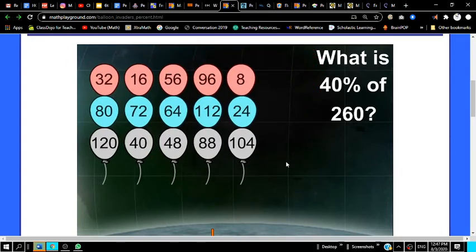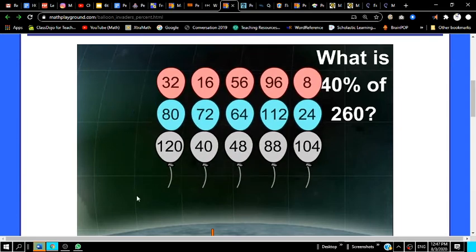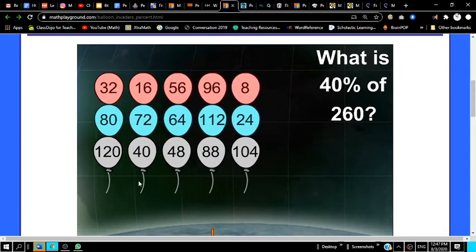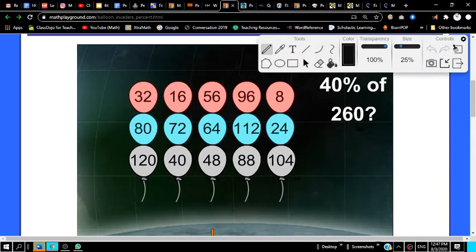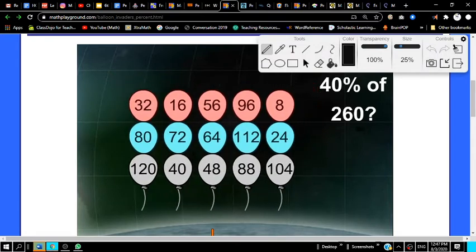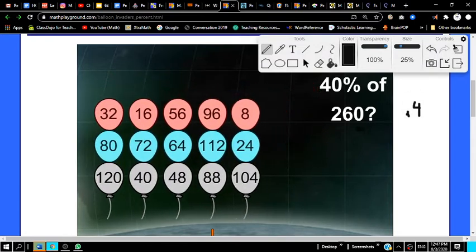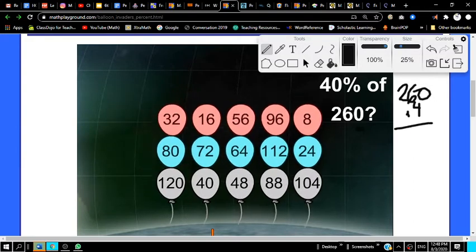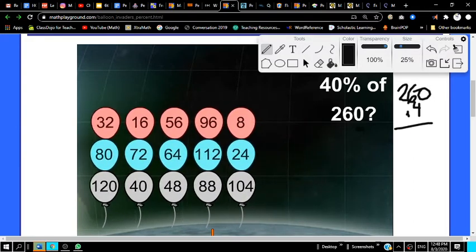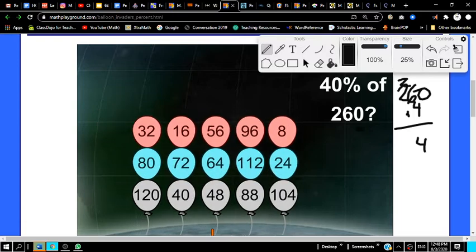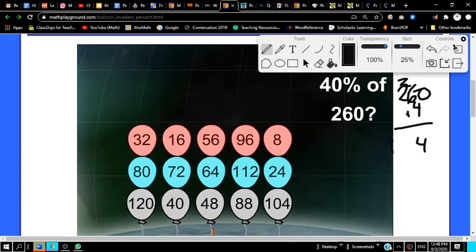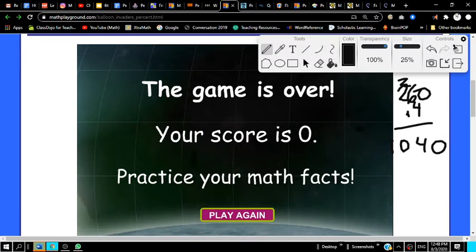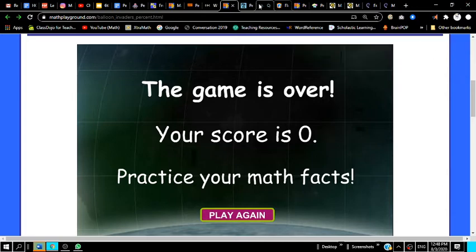Well, it would be 0.4 times 260, which is 6 times 4 is 24, 2 times 4 is 8, 9, 10, 0, move the decimal point over, 104. So I didn't get it in time. So you've got to really be quick with that type of problem. But it looks pretty fun.